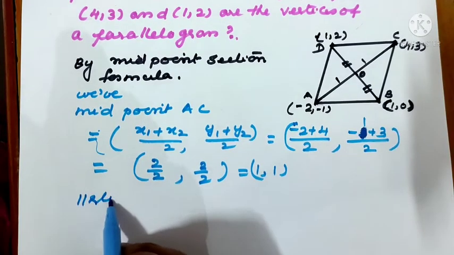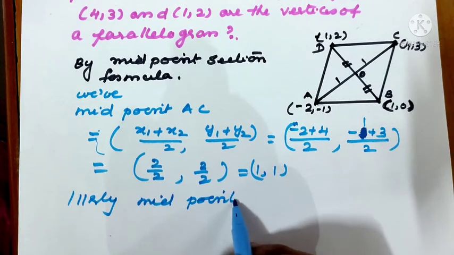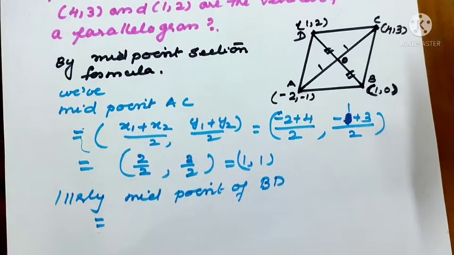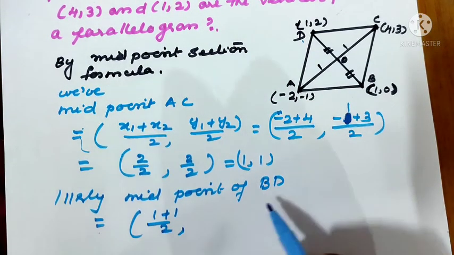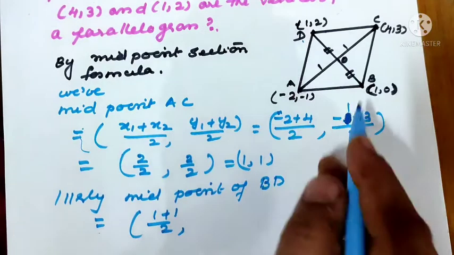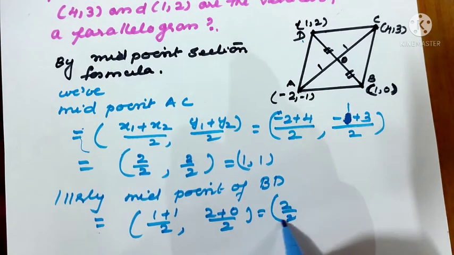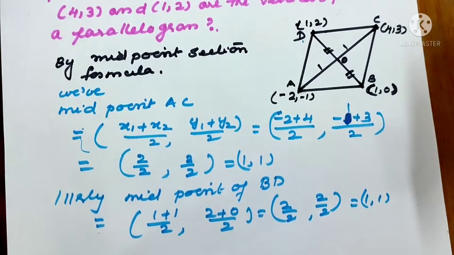Similarly, midpoint of BD is equal to, same formula only, so we are not repeating: (1 plus 1) by 2, and what is the y coordinate there? (2 plus 0) divided by 2. So 2 by 2, again 2 by 2, that means it is equal to (1, 1). As we know that the diagonals of a parallelogram bisect each other, now we got that AC and BD have the same midpoint.